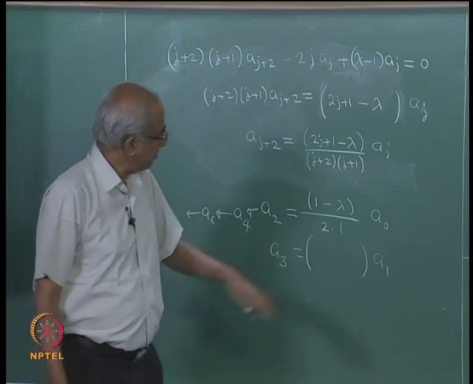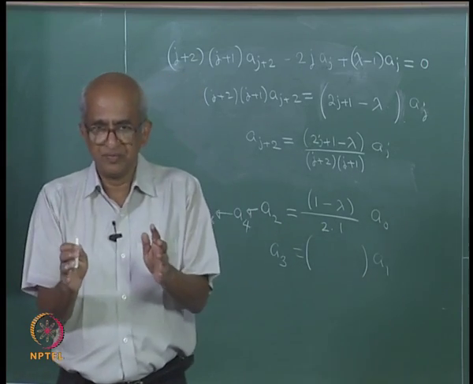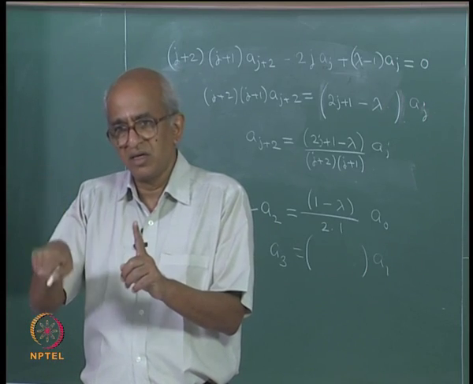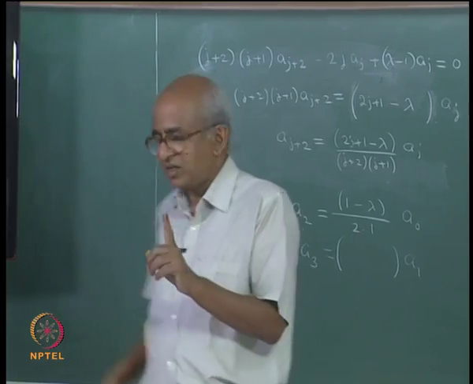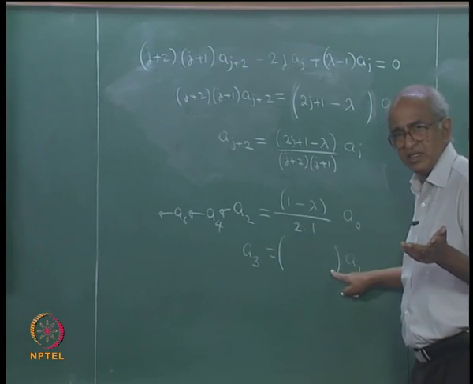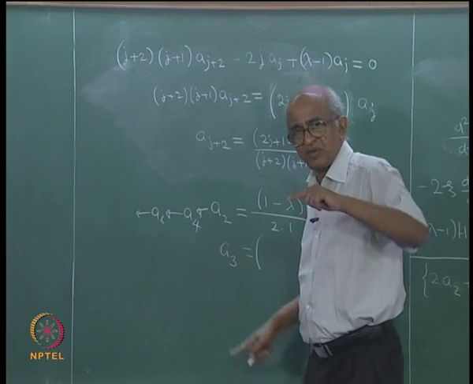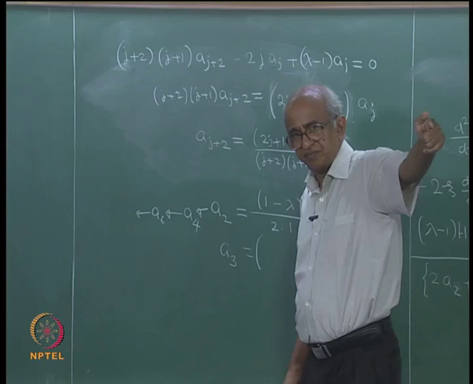So, once you have a value for a0, then that will uniquely determine a2, a4, a6, etc. And similarly, if you had some value for a1, that you can put into the equation, you will get a3, then from that you can calculate a5, a7, etc.